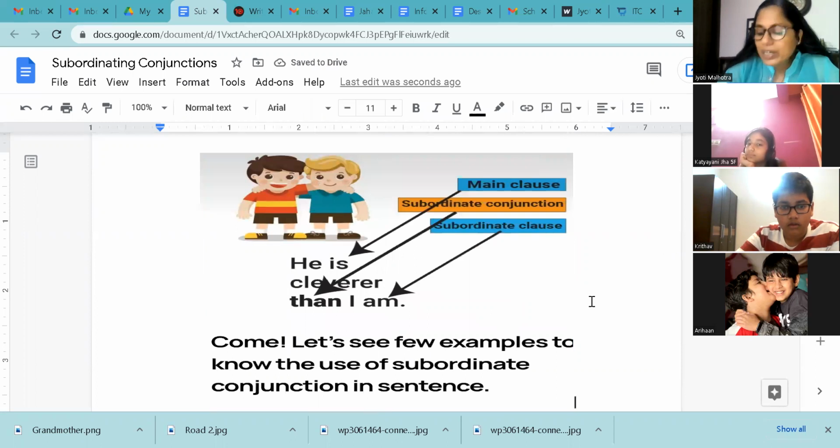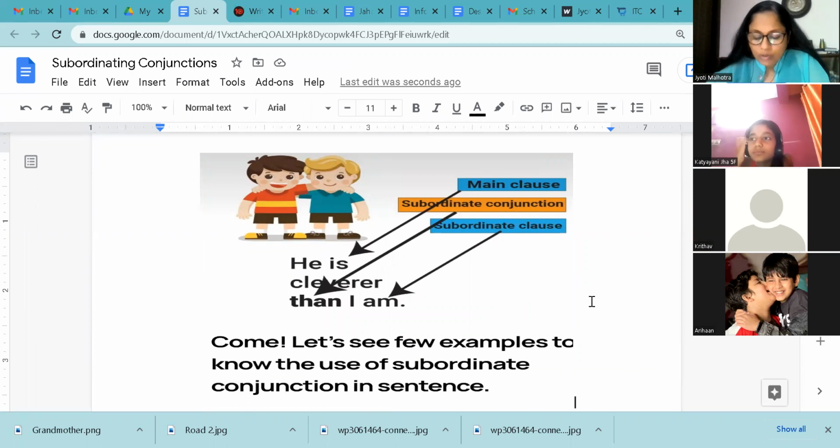Who will explain this slide? I want somebody to volunteer. Who will explain the slide to me? Okay, Katyayani will explain. Please read, Katyayani.